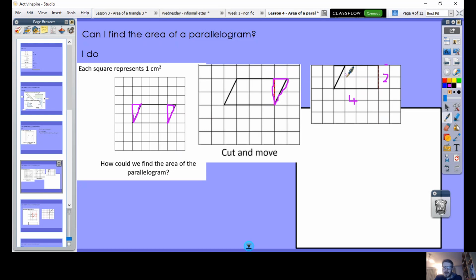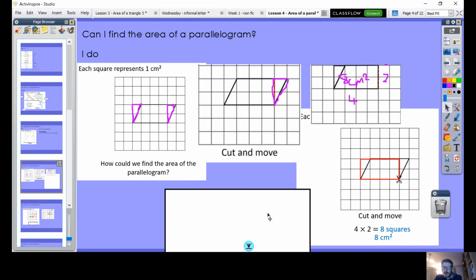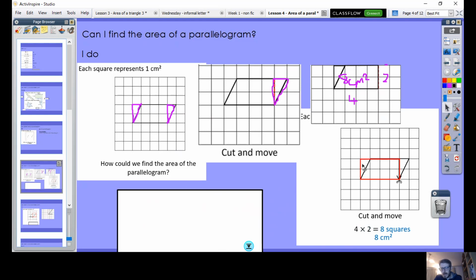And so the area would be 8 centimeters squared. So I can cut it and move it into this rectangle to be able to calculate the area of 8 centimeters squared.